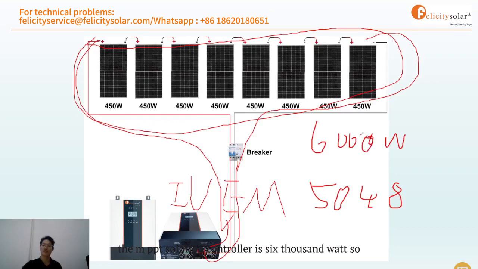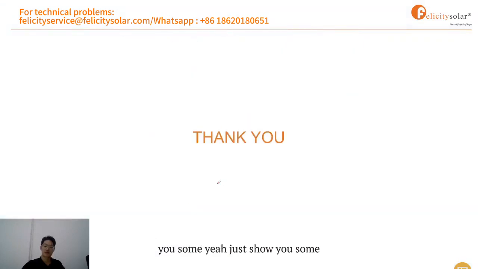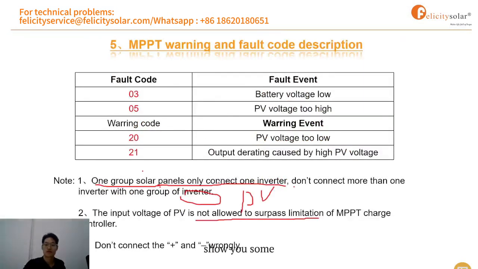So when the power generated by the panels is more than 6,000, the machine will start to show a code like voltage is too high, because there's too much power.